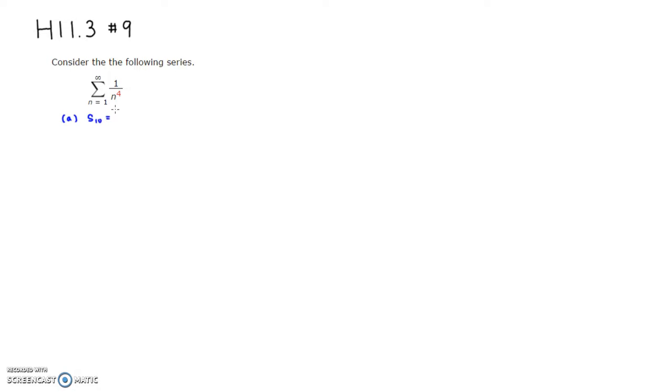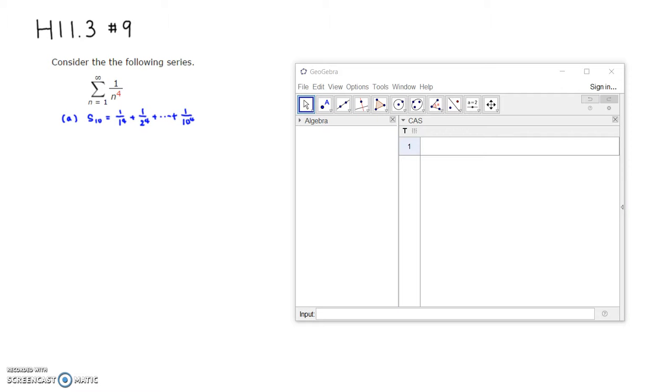This goes 1 over 1 to the 4th plus 1 over 2 to the 4th, and you keep on going until you hit 1 over 10 to the 4th. Let's compute this using GeoGebra. I open up GeoGebra.